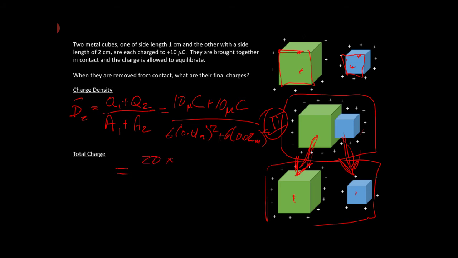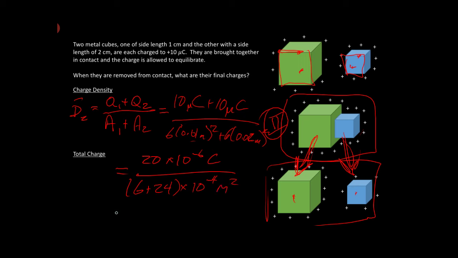A micro is 10 to the minus 6 coulombs, over, okay, so these are 10 to the minus 4s. So we have 6 times 1 times 10 to the minus 4, and 6 times 4 times 10 to the minus 4. So that's 6 plus 24 times 10 to the minus 4 square meters.